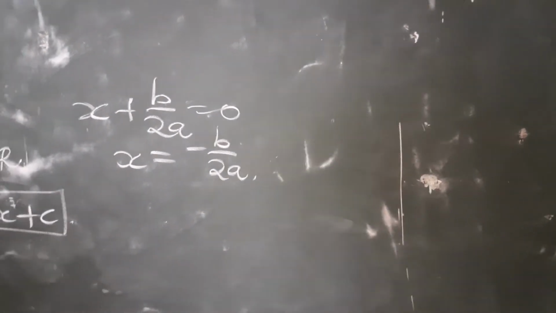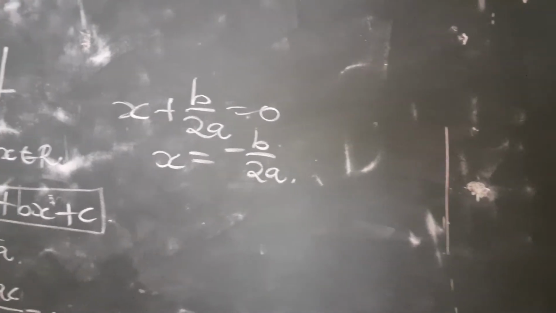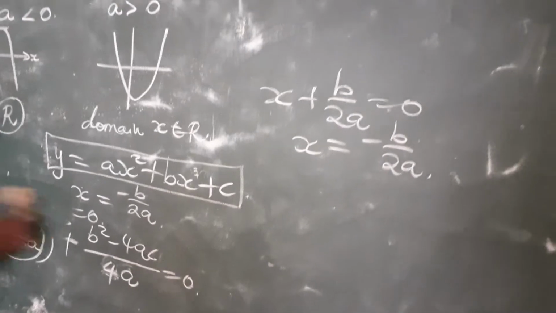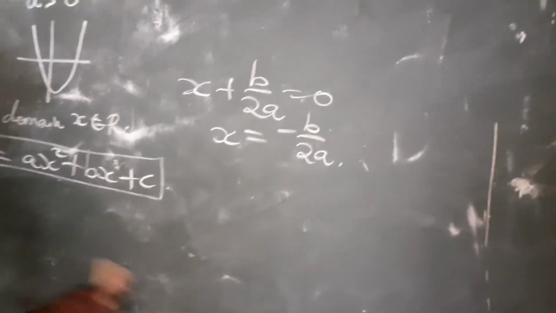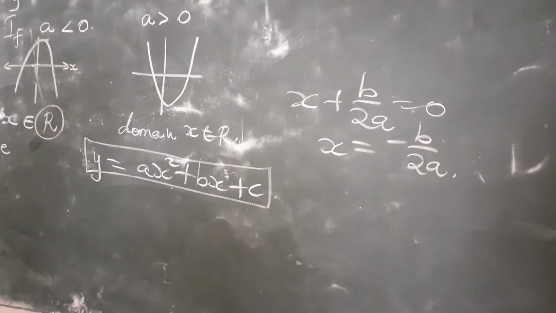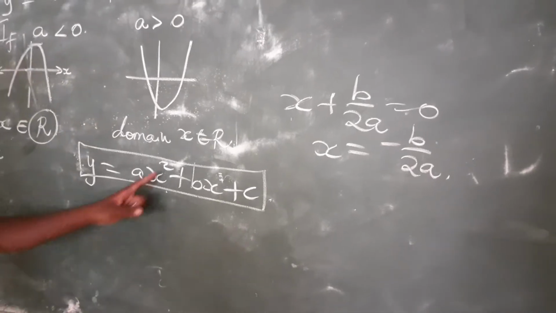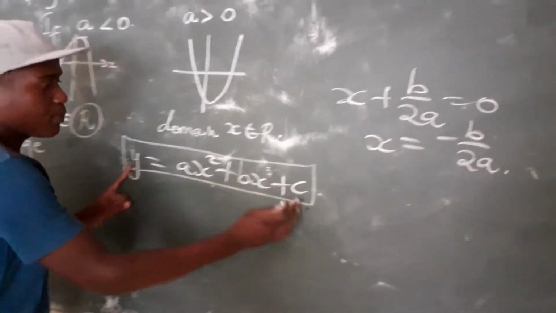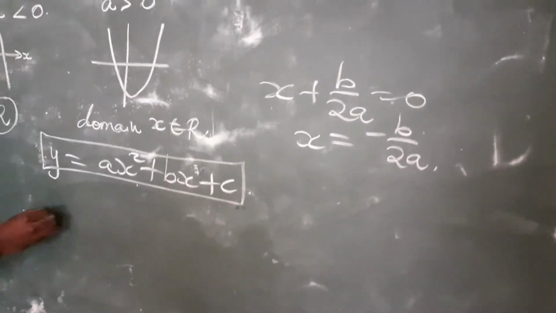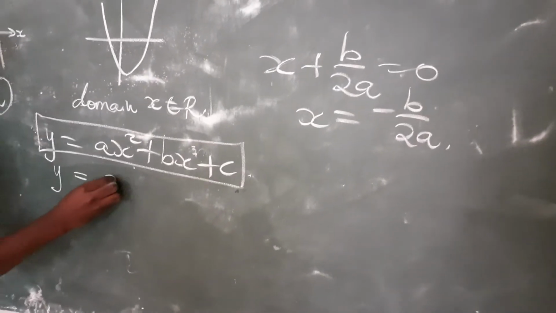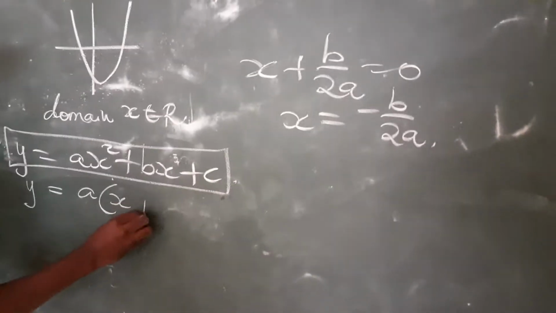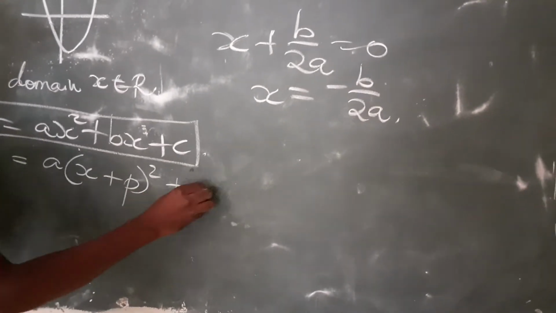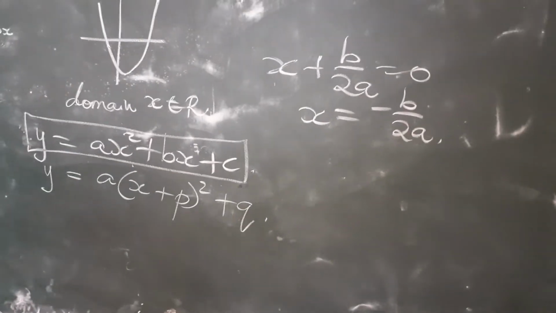But I'm having different expressions of a quadratic function. Here I'm having y equals ax squared plus bx plus c. This is my expression. But I'm also having a graph of y equals a into x plus p all squared plus q.